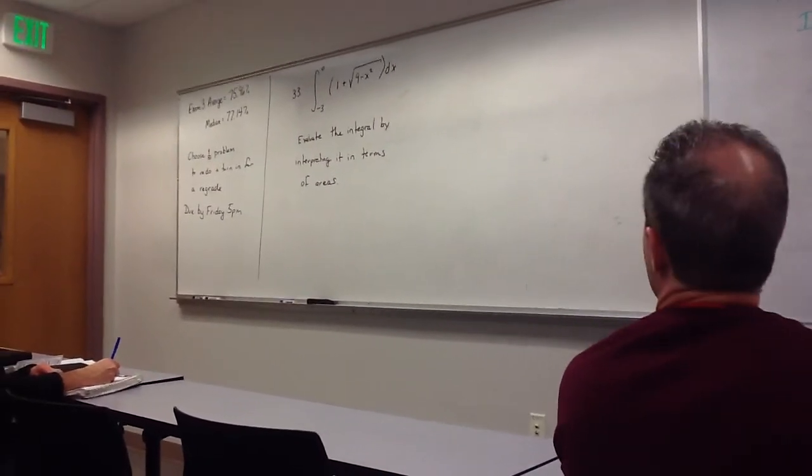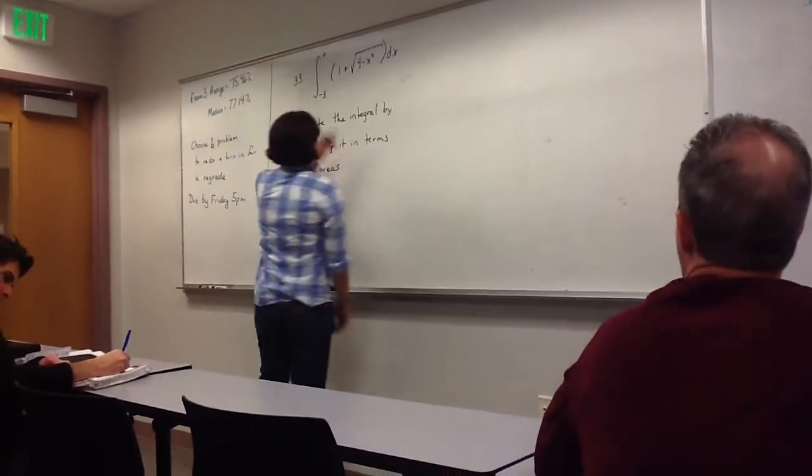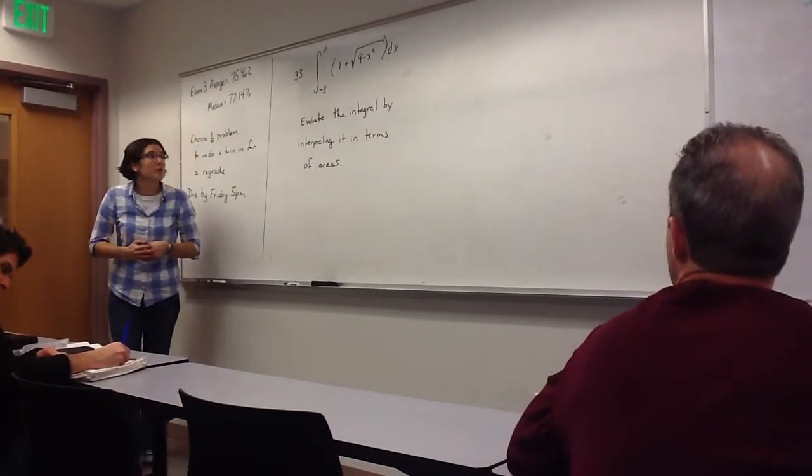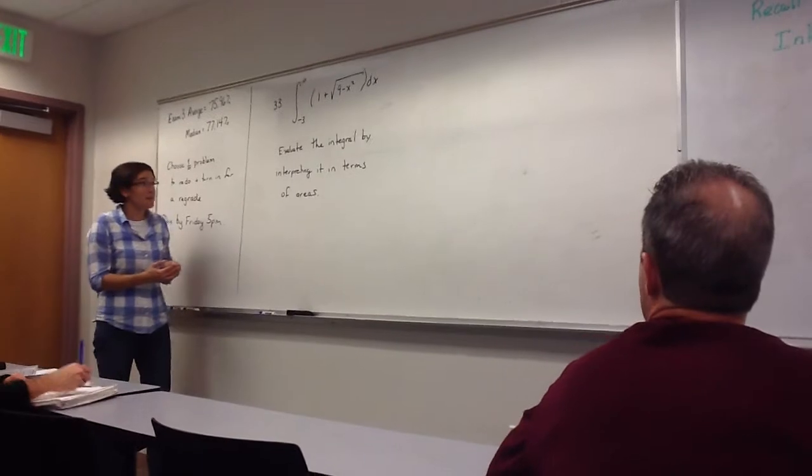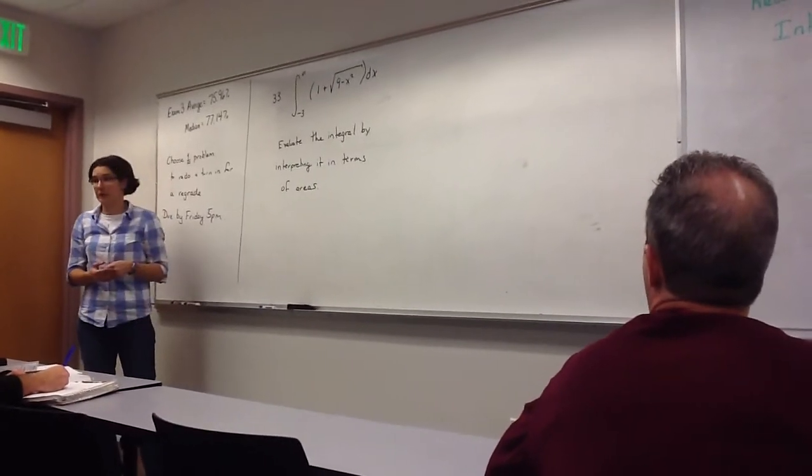Okay, so here we have this integral, the integral from negative 3 up to 0 of 1 plus the square root of 9 minus x squared dx.